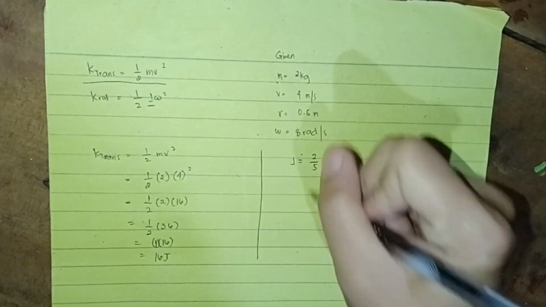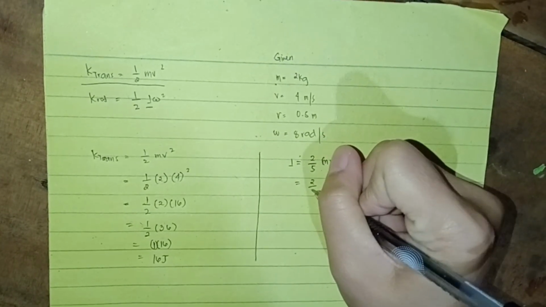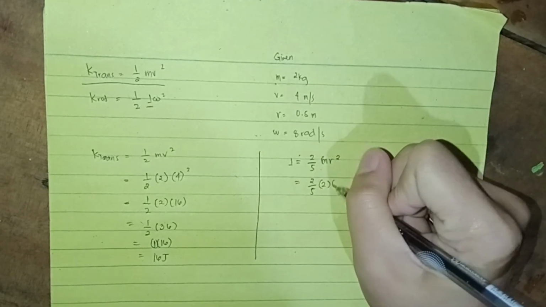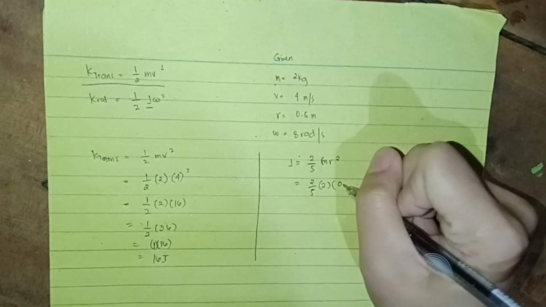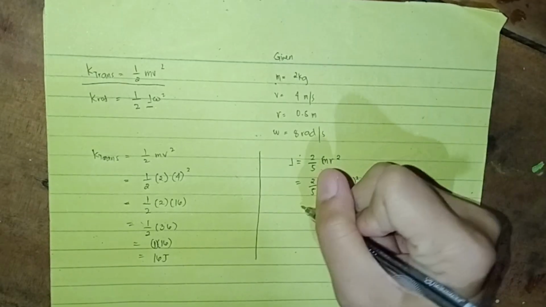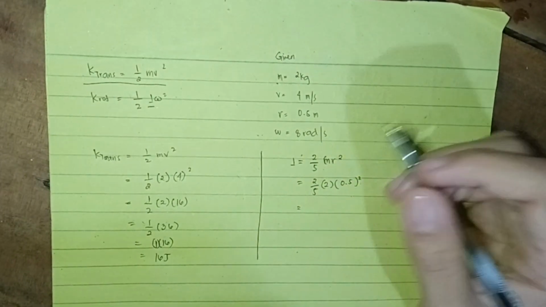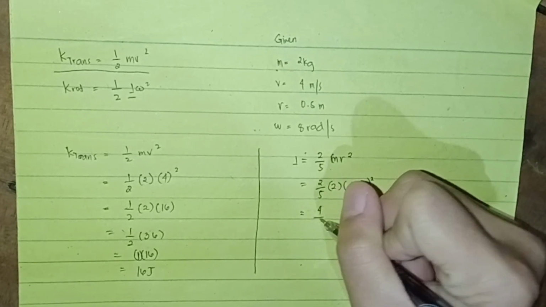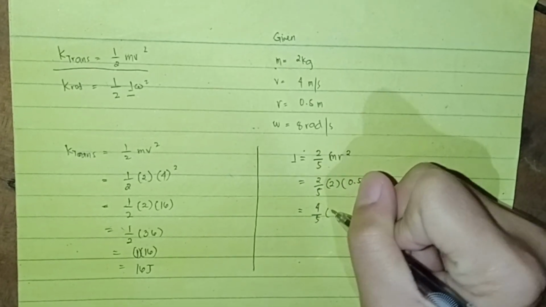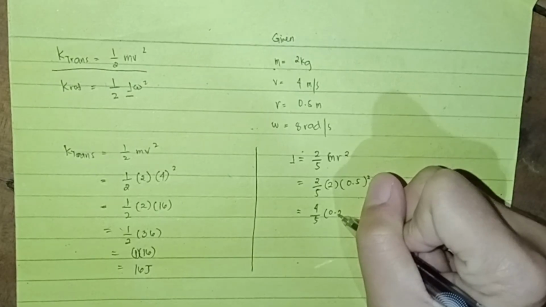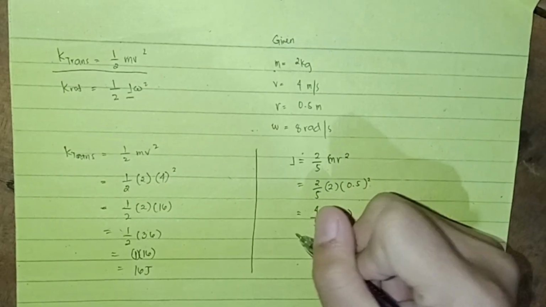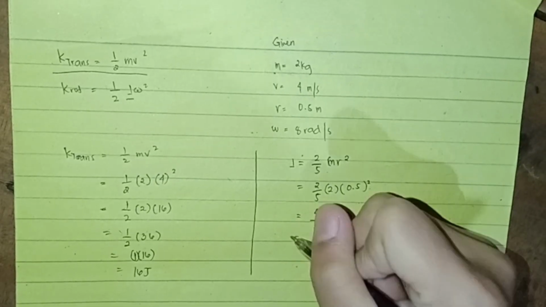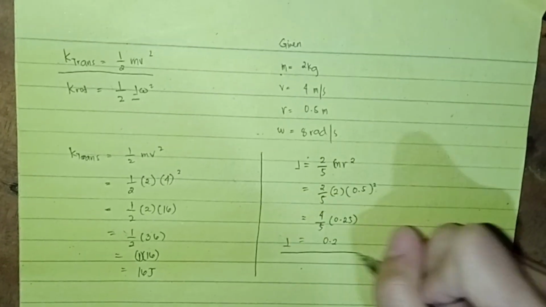Let us just substitute 2/5. Our mass is 2 kg. Radius is 0.5 squared. This would be 4/5 times 0.25, and it would result to 0.2. So now we have found our inertia.